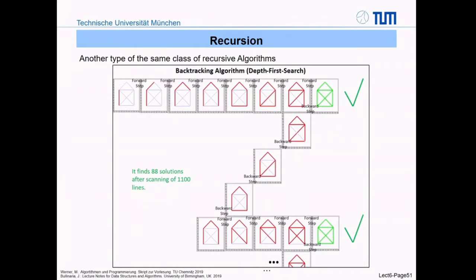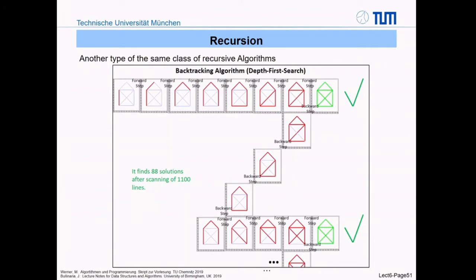You can solve several problems of this. For example, you can solve this Queen's problem, which you find in the lesson about style guides and things like that. So it's always the same class of recursion.